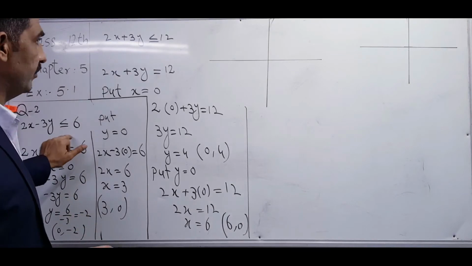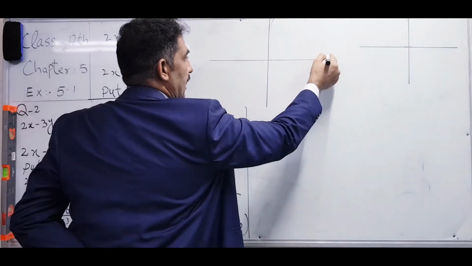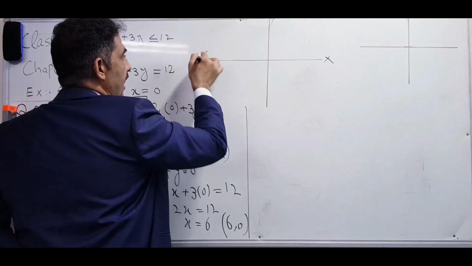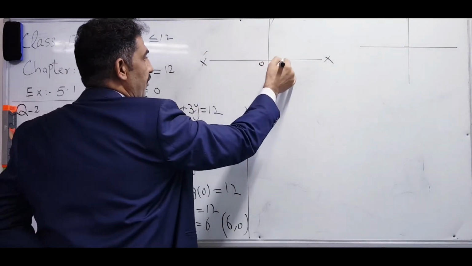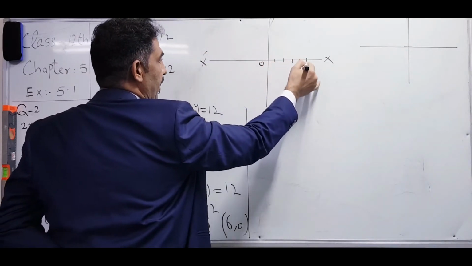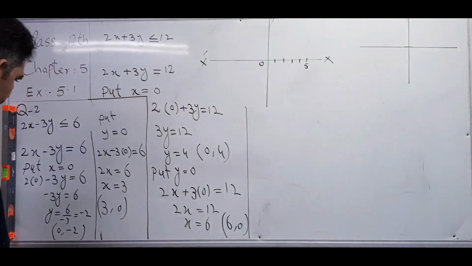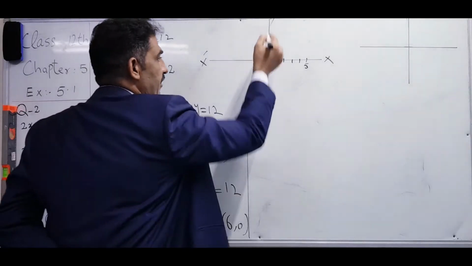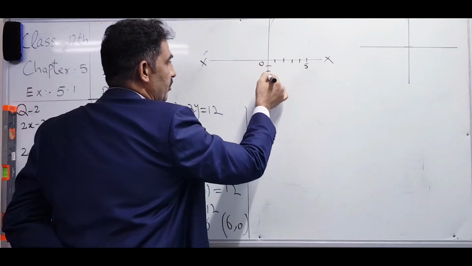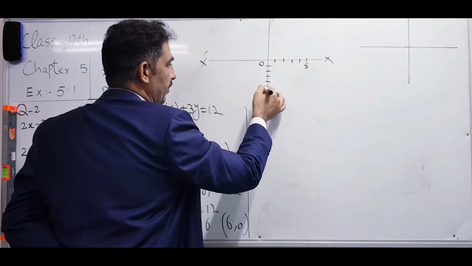First, for this graph, that is the x axis, that is the origin, 1 2 3 4 5. The maximum value is 3, 0, and 0, minus 2 is coming down, because this value is not going up. Minus 1, minus 2, minus 3, minus 4, minus 5.